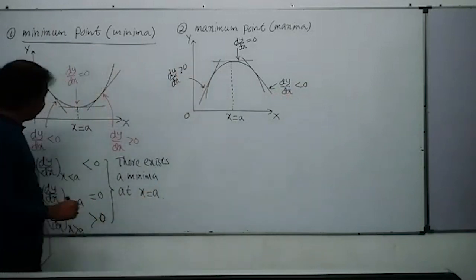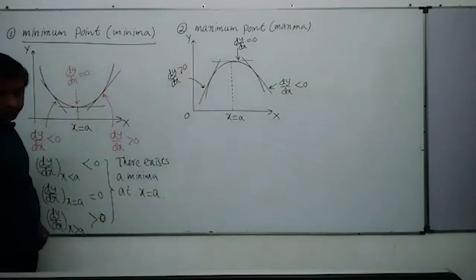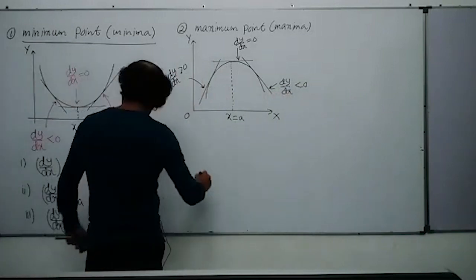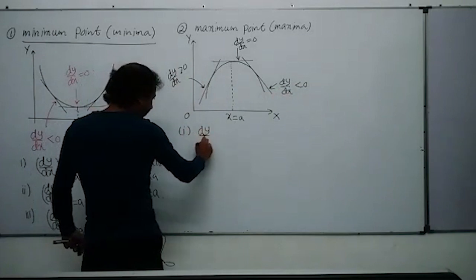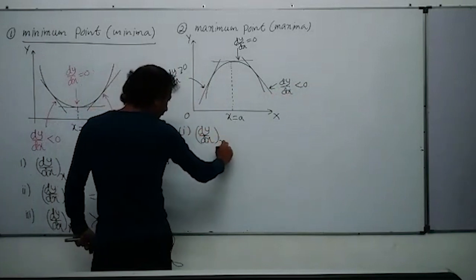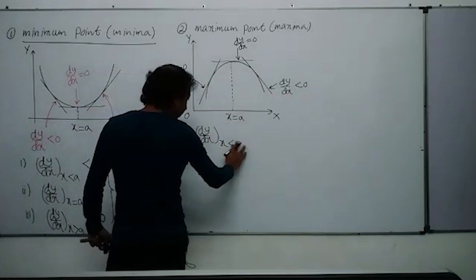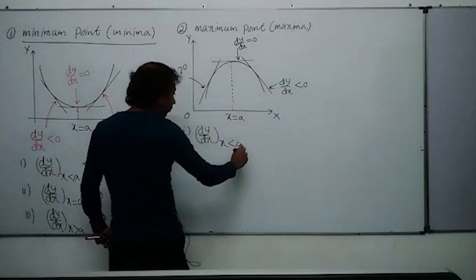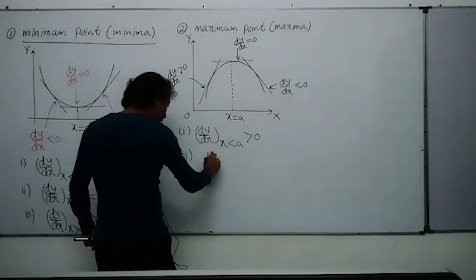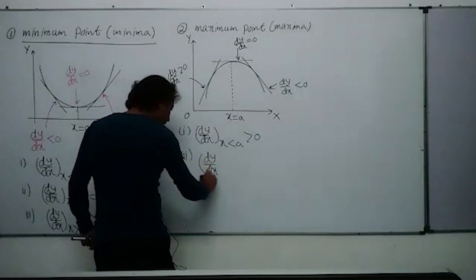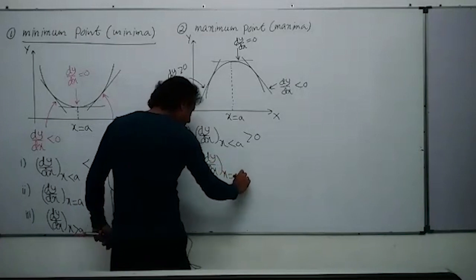Right? We'll come there too, people. Dy by dx, x less than a, on the left of a, positive. Dy by dx exactly at a, 0.